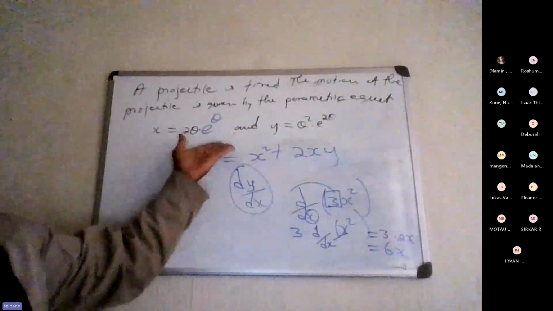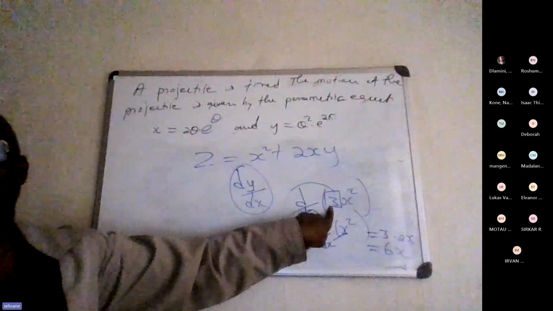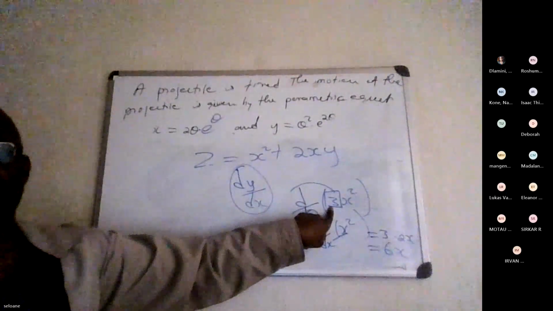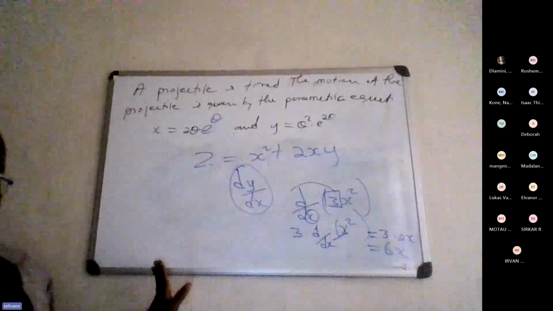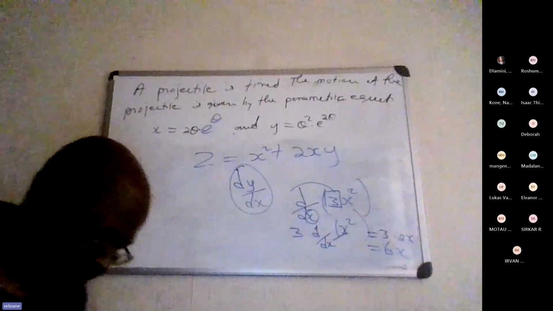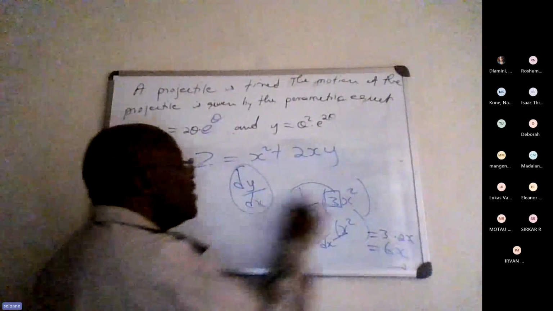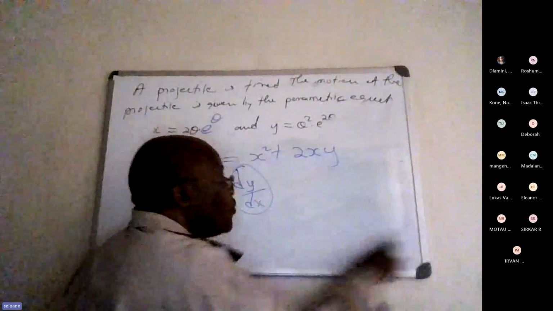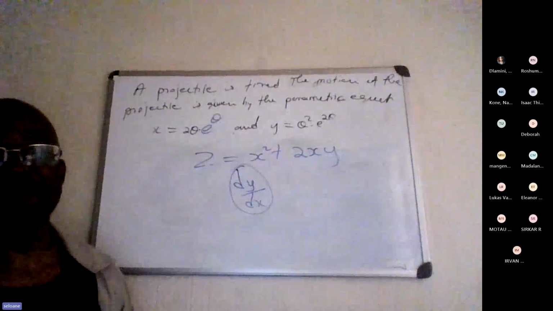When it comes to multivariable functions, we are still going to use this property. If something is a constant, you take it out, then you differentiate whatever is inside.